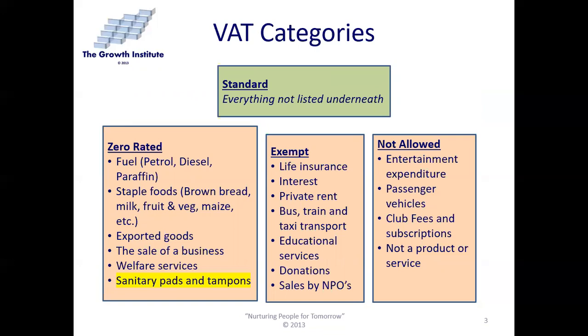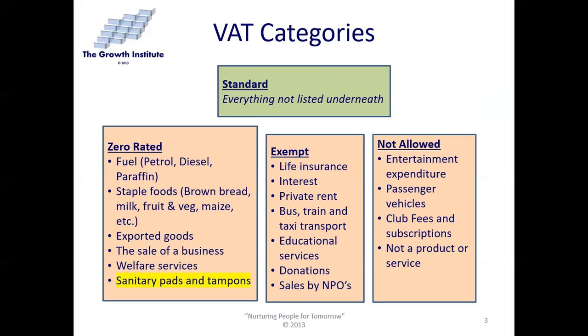And then every year, the people at SARS and the people at Treasury, they review this, and they can add things to the zero rated category or take them away. And one of the most recent additions that we have seen added to the zero rated category is sanitary pads and tampons.